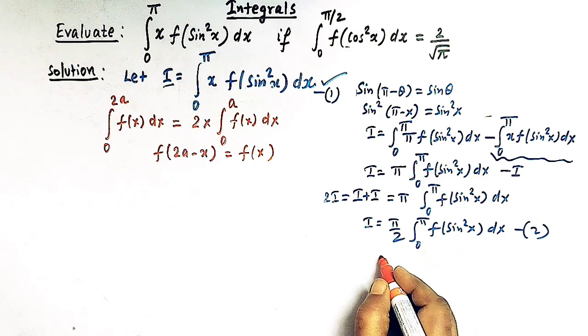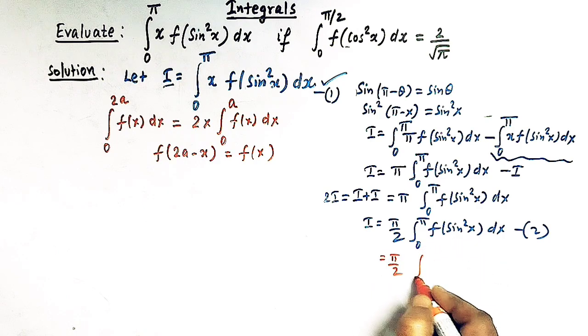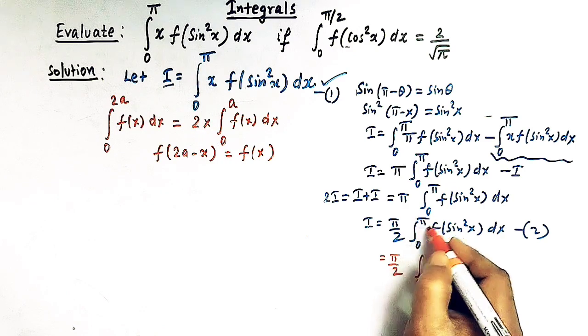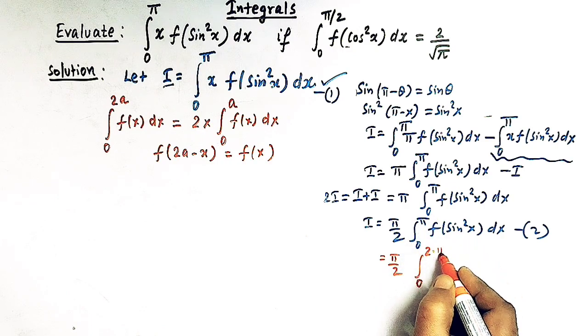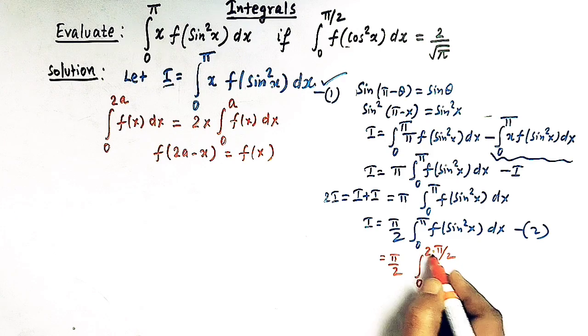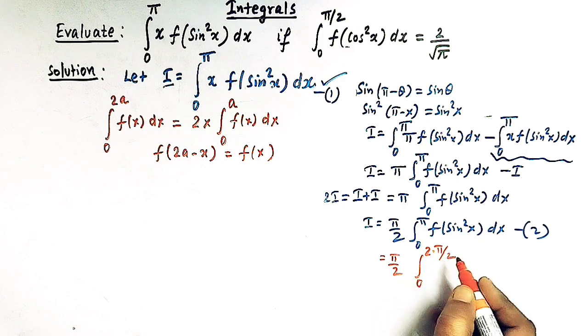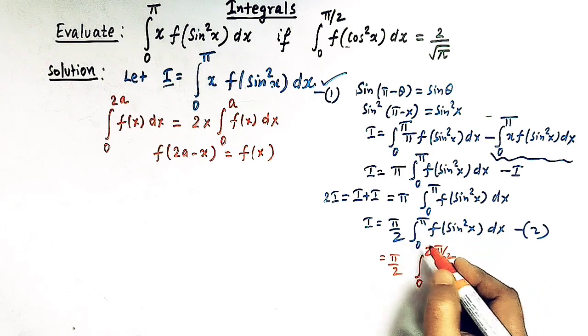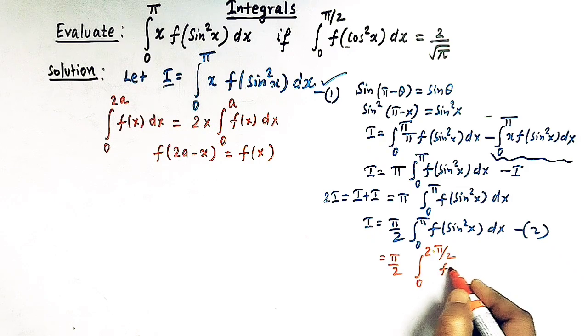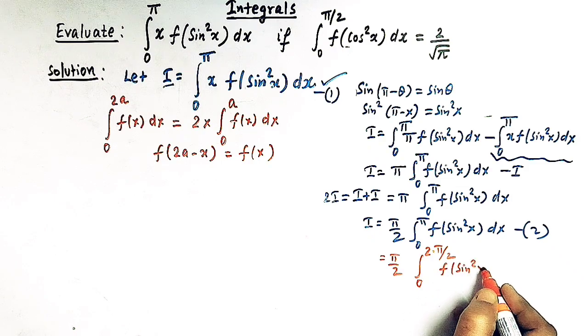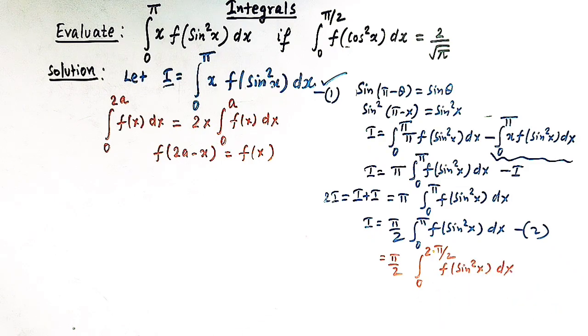So let us write this integral as the integral from 0 to pi by 2, with 2 times pi by 2, because this 2 and this 2 get cancelled, and we are again left with pi, and here we have f of sine square x dx, right?